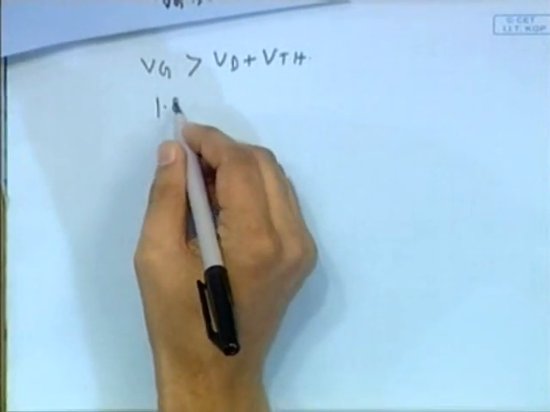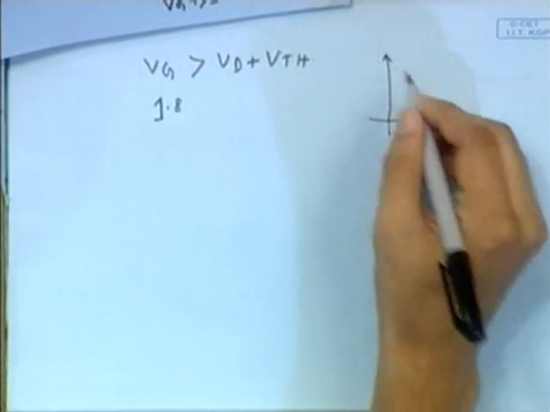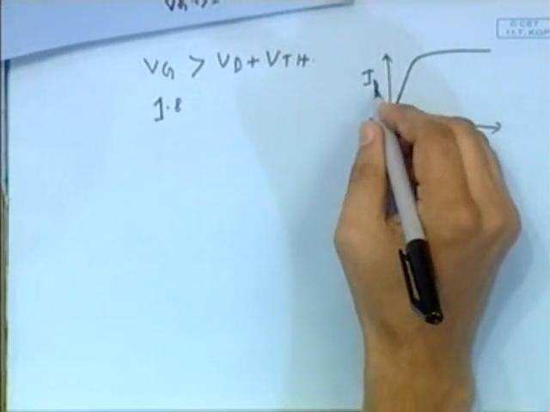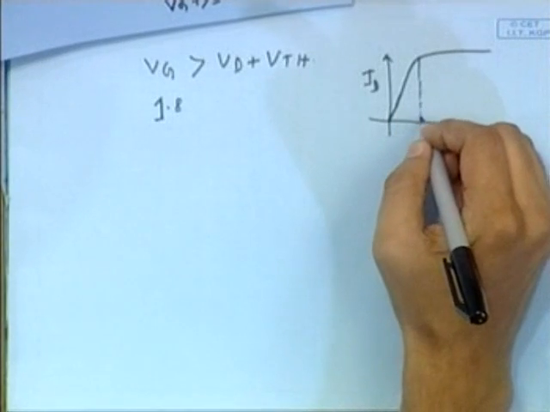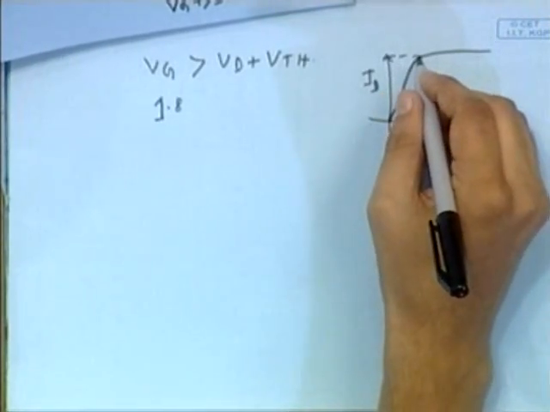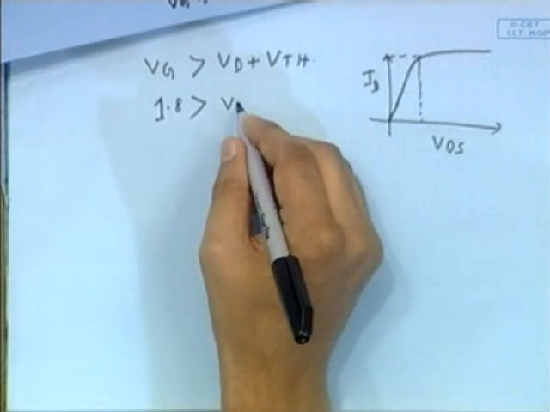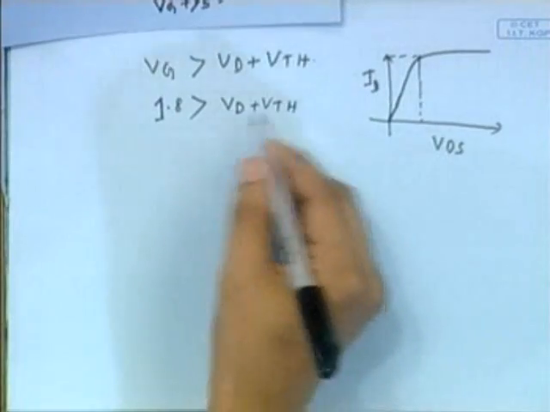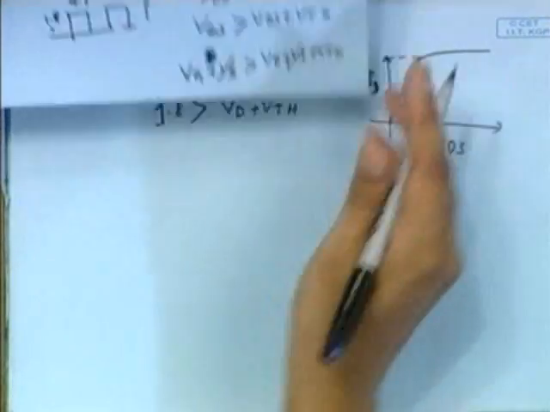Vg should be greater than these two, Vd plus Vth.